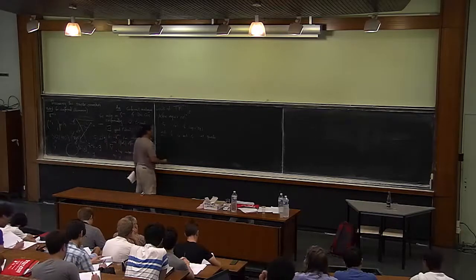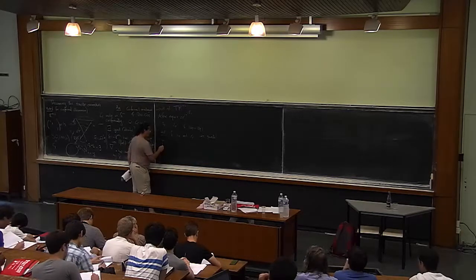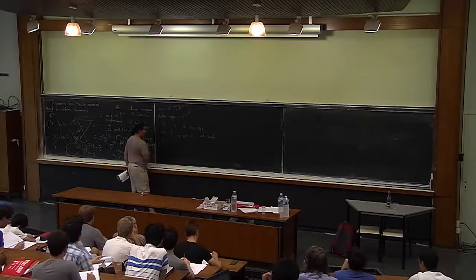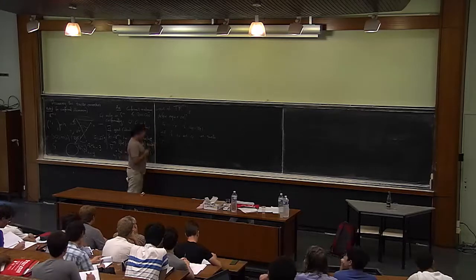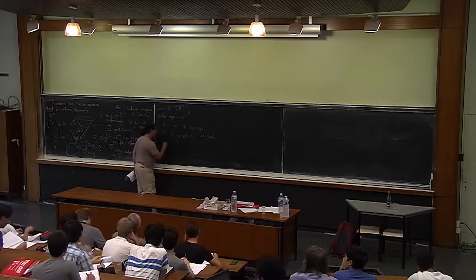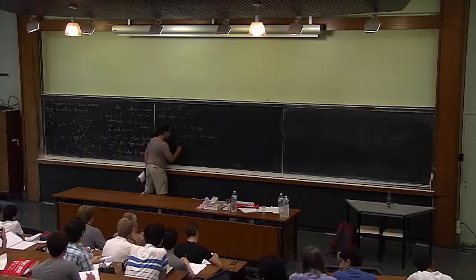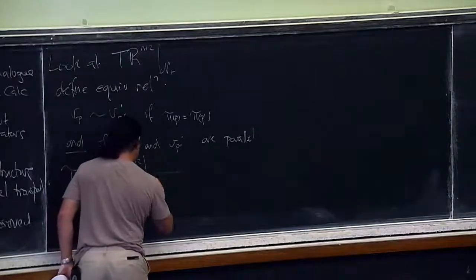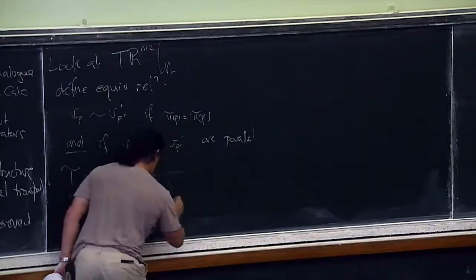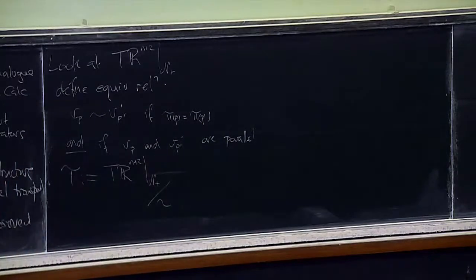And then I want a quotient. I want to form this thing that I'll call curly T, to be T Rn plus 2, restricted to this future null cone, mod this equivalence relation.